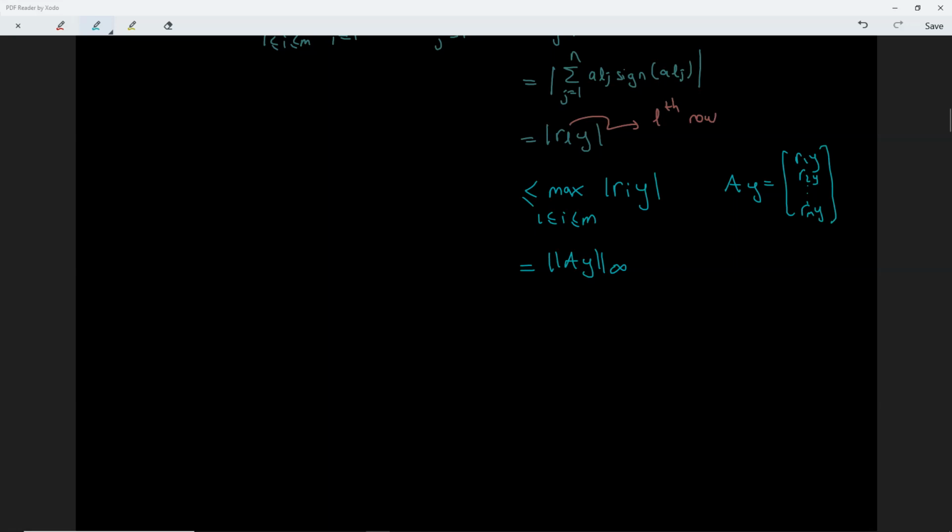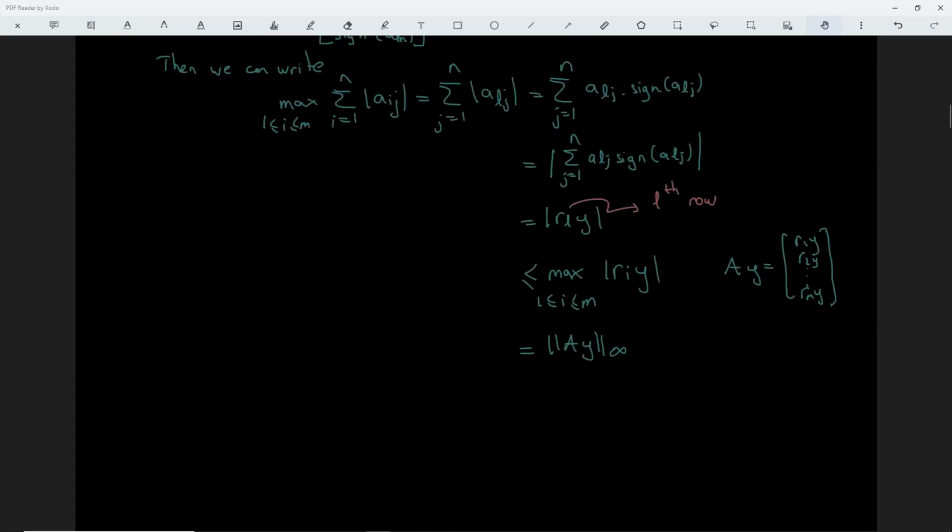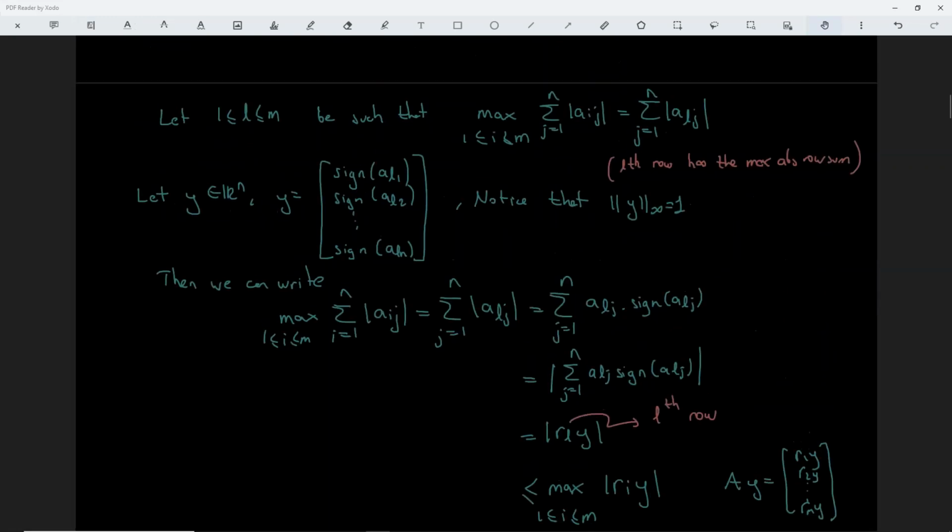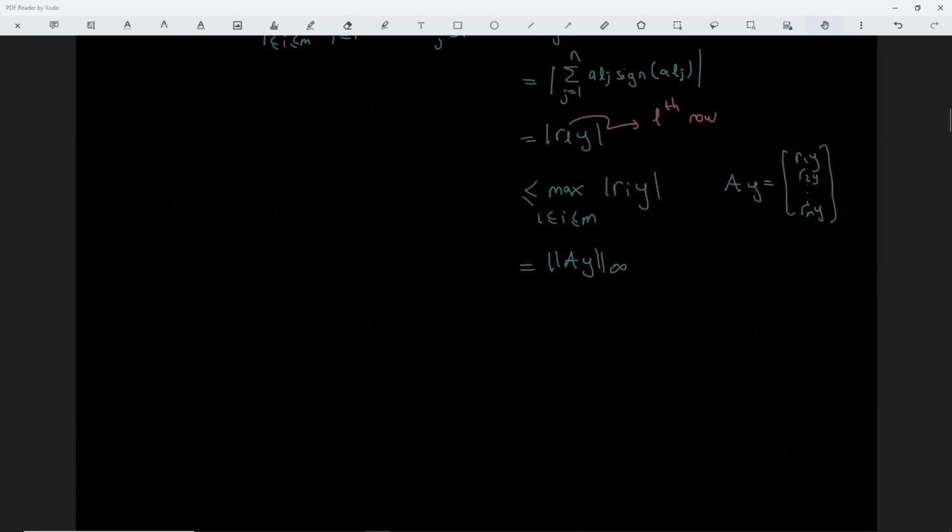And we also picked a specific Y vector such that the infinity norm of Y is equal to 1, right? So that expression I had at the end, let me write it down first. So note that the infinity norm of Y is already equal to 1.